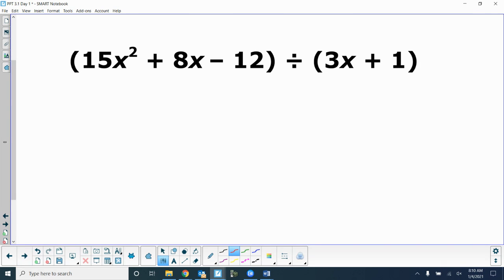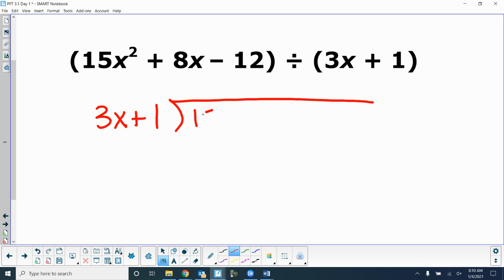No, it's all set, right? So we got the 3x plus 1 and the 15x squared plus 8x minus 12. So remember, all I'm worried about is the 15x squared and the 3x. What's 15x squared divided by 3x? Come on. 5x, thank you. So put the 5x up top.